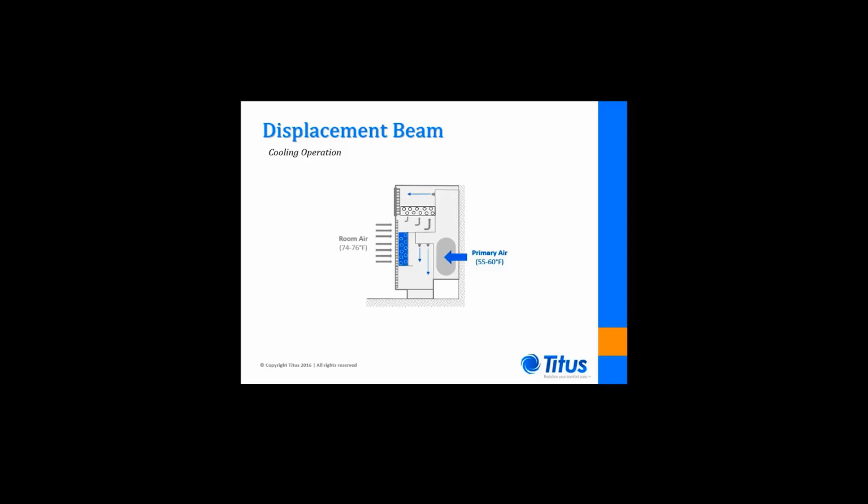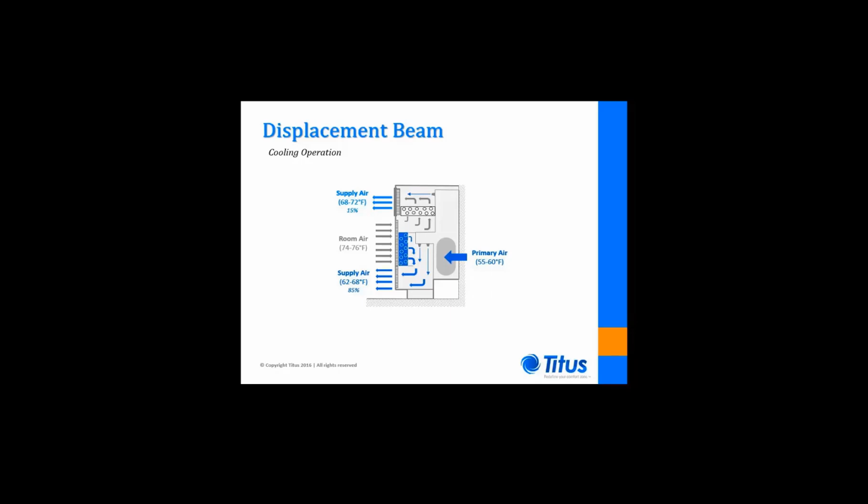During cooling mode, chilled water is circulated through the cooling coil. Sensible heat is removed from the room air that is drawn through the cooling coil. Water flow to the upper heating coil remains off during cooling mode. The reconditioned air mixture mixes with the primary air and is discharged in a low-velocity displacement manner to the classroom.